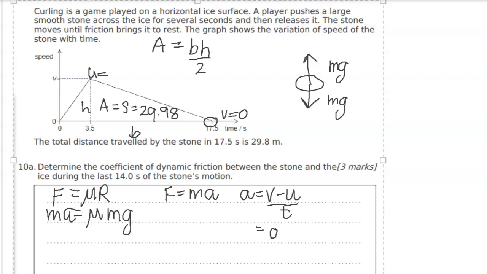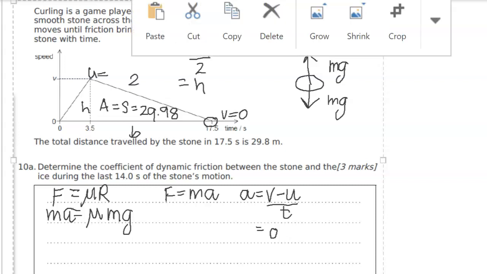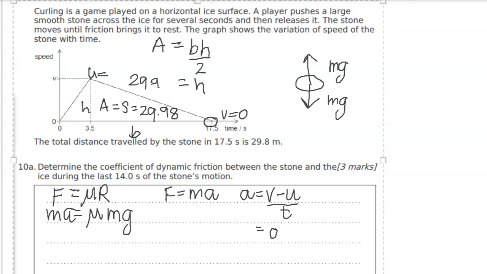So the height, which is v, is going to equal the area, which is 29.98, and we're going to multiply it by 2 and divide it by the base, which is 17.5.